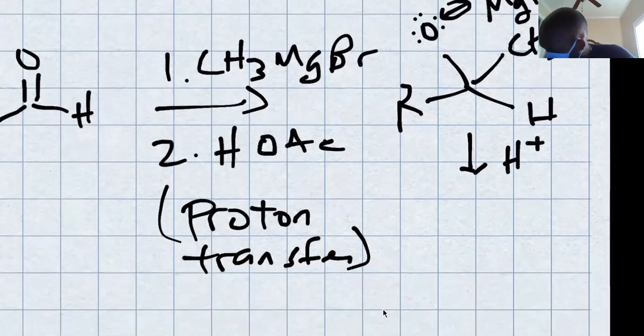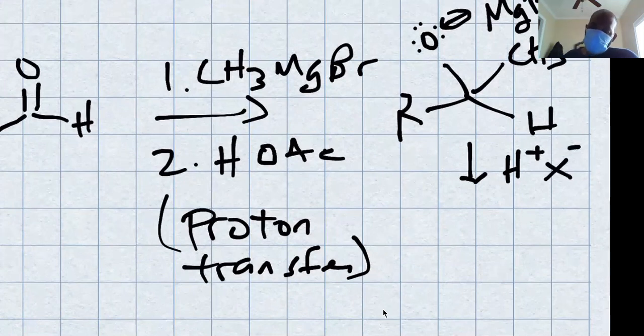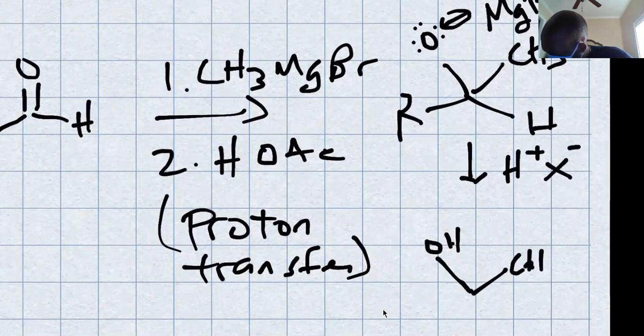And then let's say, I'm going to put an X here because I want to make a point about this too, because that's a common question. Your acid is always going to have a conjugate base, so that's what X minus is. That's your conjugate base, right? So here you're going to get OH like that, right?